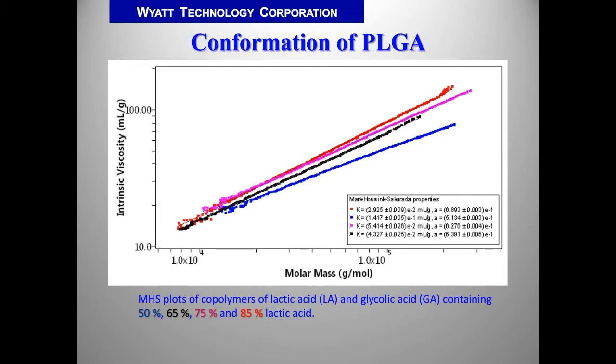And this is a nice example of how copolymer composition changes the interactions with the solvent. That means that polymers of different composition interact with different intensity with the solvent, and that results in contraction or expansion of the polymer chain, and this can be nicely measured by the Mark-Houwink-Sakurada plot.